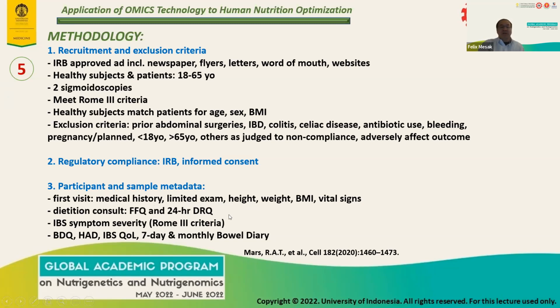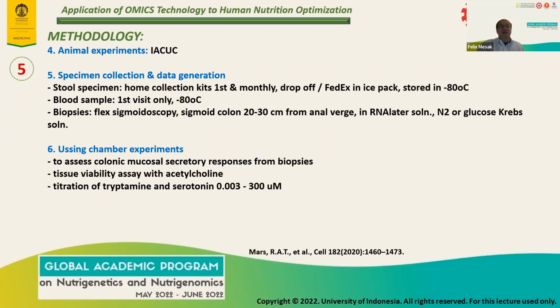They would run an FFQ and a 24-hour dietary recall, and based on the Rome criteria determine IBS symptom severity, and so on. So they would note quite a detailed medical history during the study.